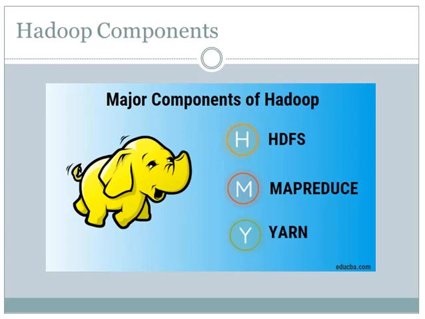To overcome this problem, Hadoop components such as Hadoop Distributed File System, also known as HDFS, which stores data in the form of blocks in the memory, then the second one, MapReduce, and the third one, YARN, are used to allow the data to be read and processed in parallel.